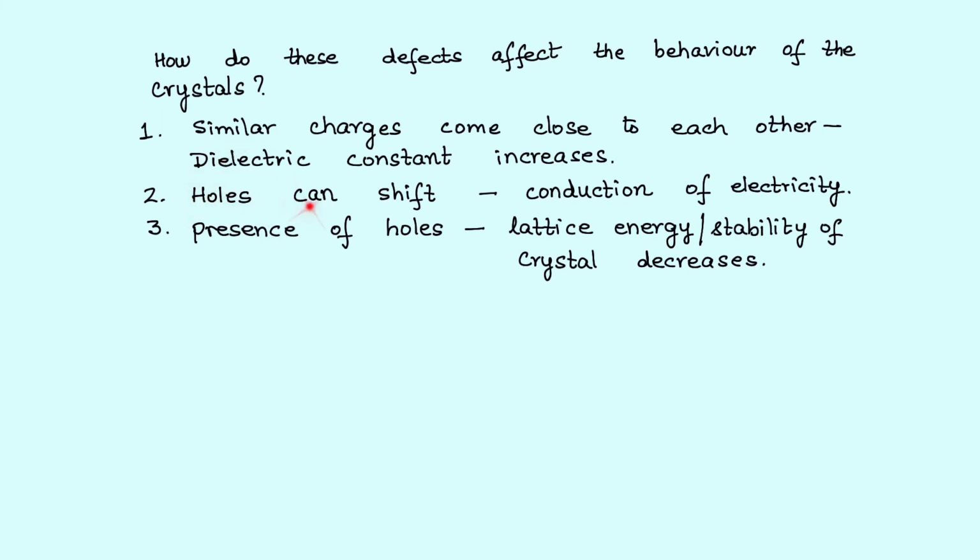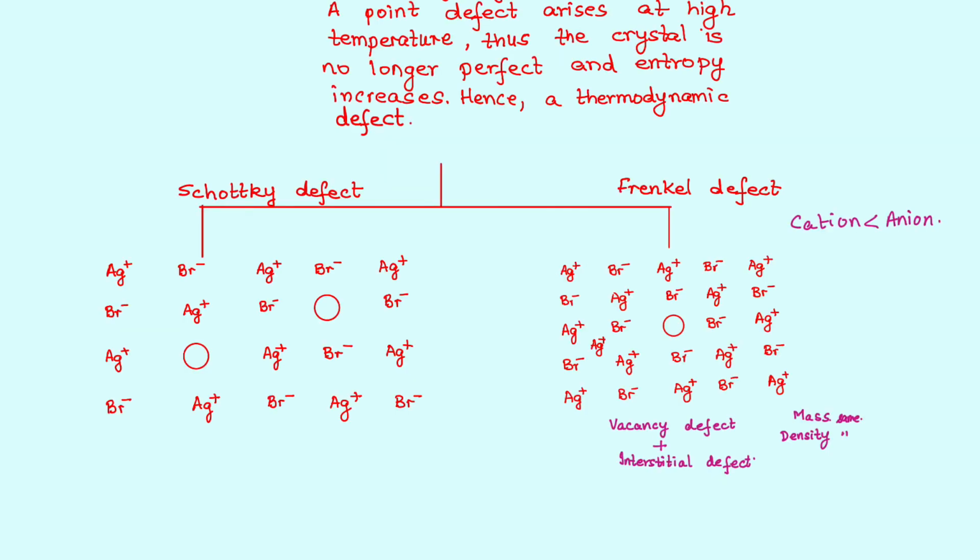We did earlier, the holes can shift and so conduction of electricity can take place. The presence of holes, what will it do? It will decrease the stability of the crystal because again, the ions of similar charges are going to come close to each other, and do they like it? No, they don't. Here also there are gaps created.